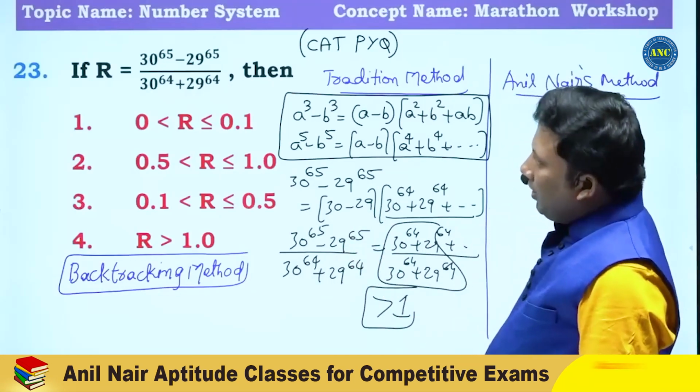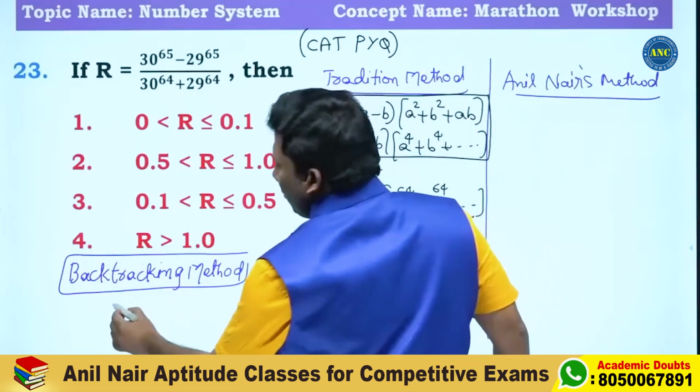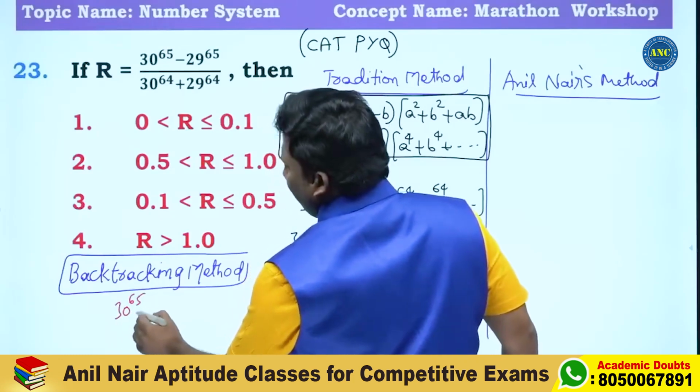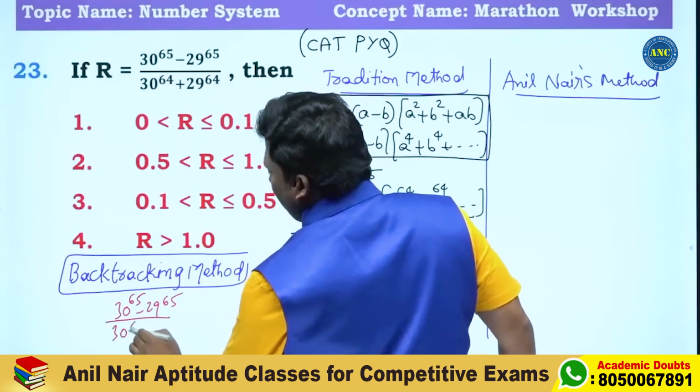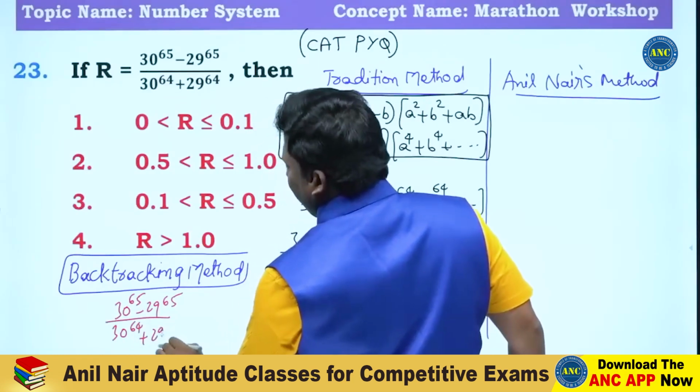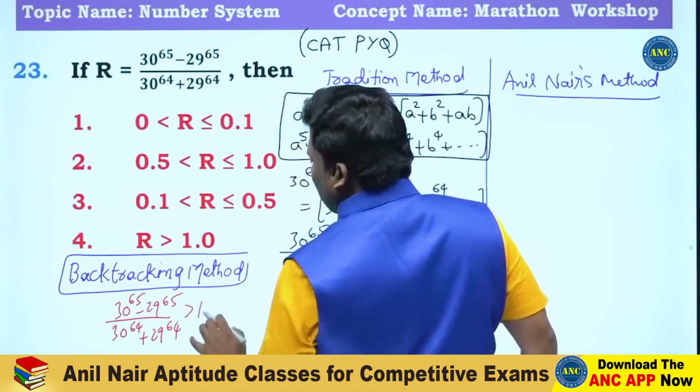Now let me do the backtracking method. 30 power 65 minus 29 power 65 divided by 30 power 64 plus 29 power 64.